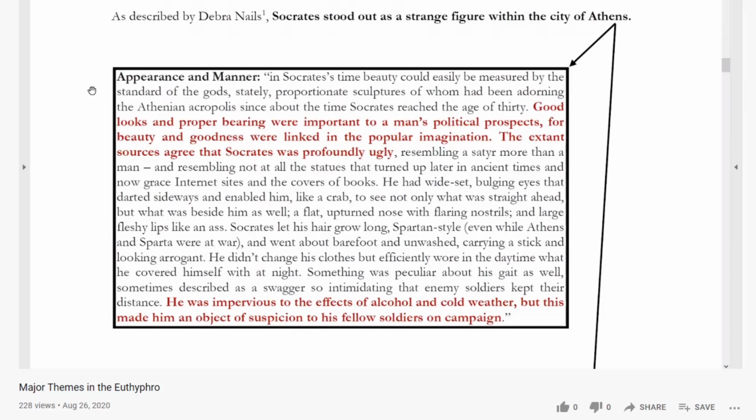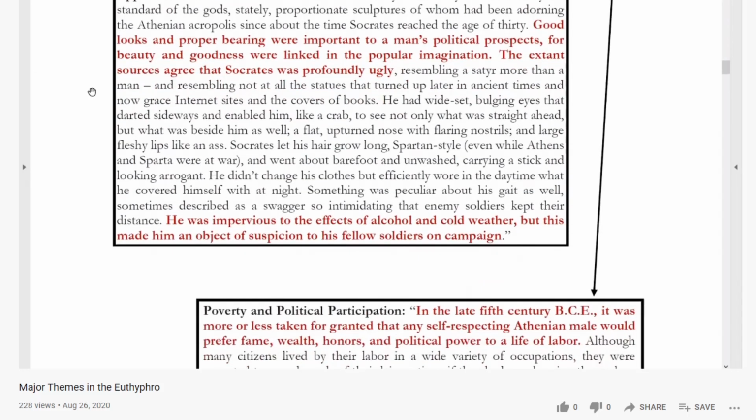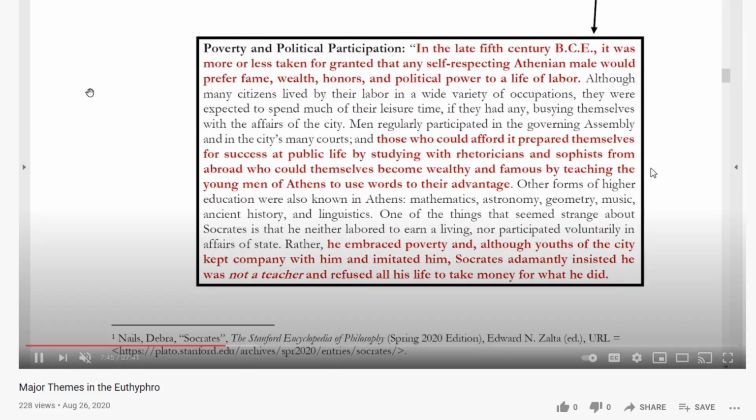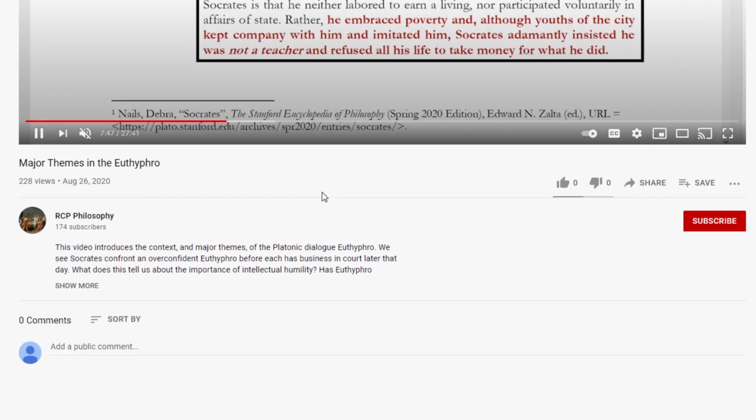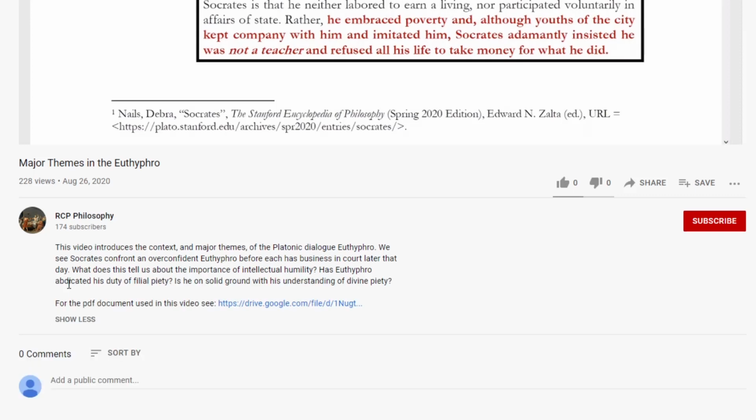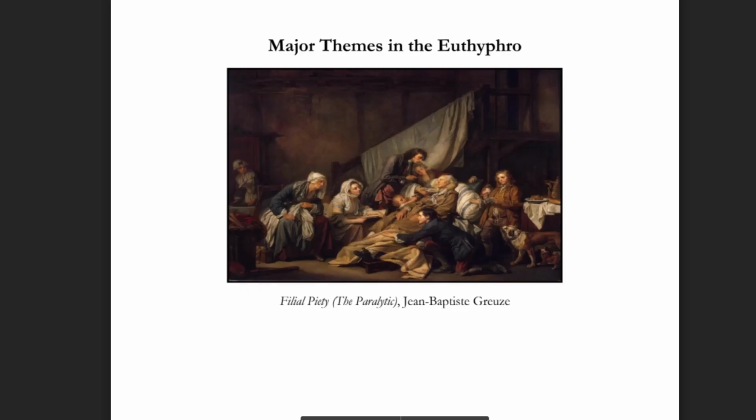One way that you can access it is through the description section of the YouTube video. This will give you access to all of the visuals that I use in my lectures, and from here you would be able to save the document to your computer and or print it out as you wish.